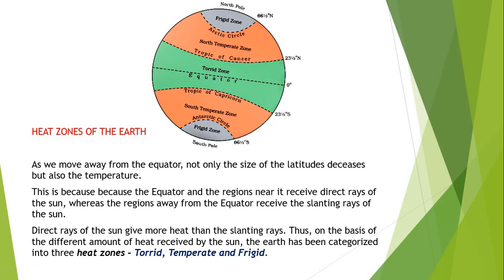Above and below the torrid zone is the temperate zone. Here temperature is less in comparison to torrid zone. And the last zone is the frigid zone, that is very close to the two poles of the earth.